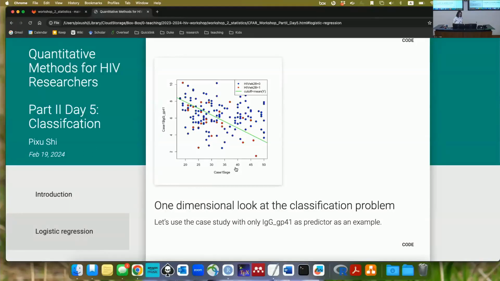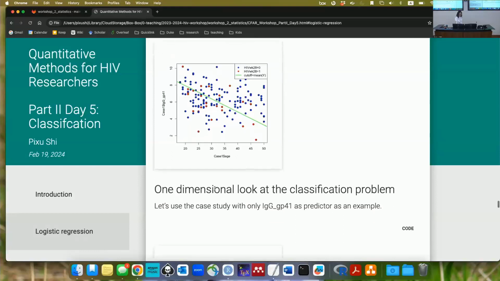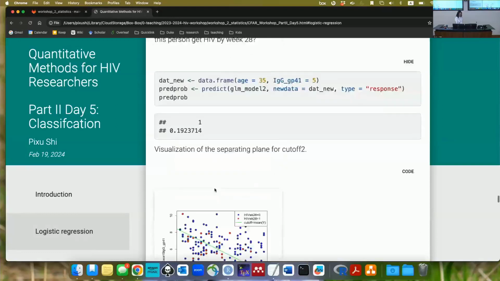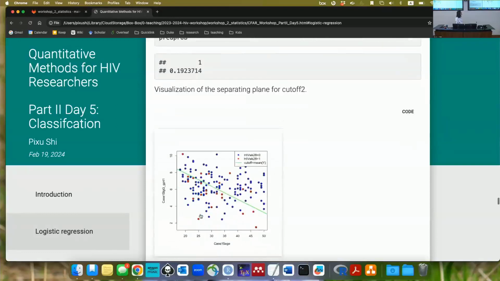And that's where they did effectiveness. So this is a very noisy case. We don't have a good signal here.